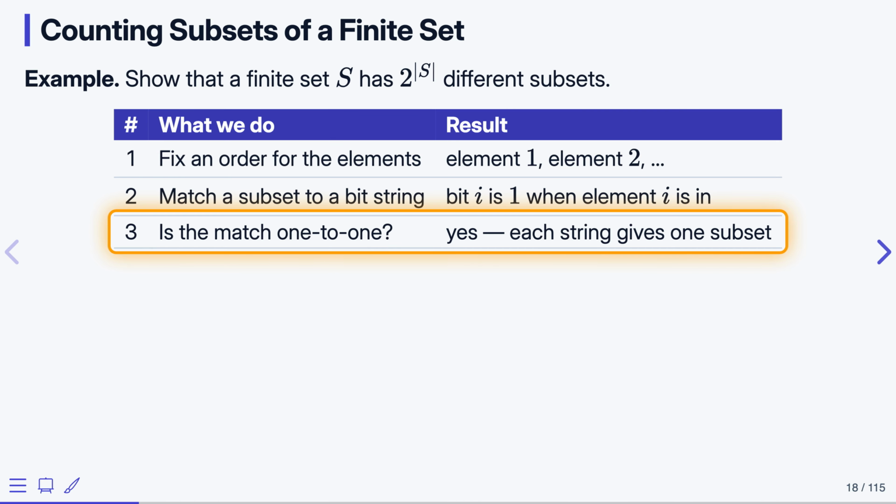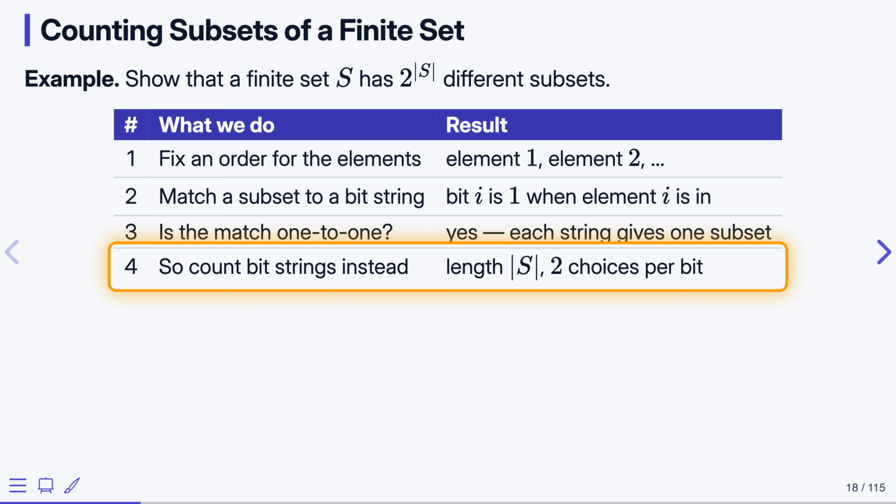Step 3. Check the match. Every subset gives exactly one string, and every string gives exactly one subset, so the match is 1-to-1. Step 4. That means the two collections have the same size. So instead of counting subsets, we count bit strings of length |S|, with 2 choices per bit.